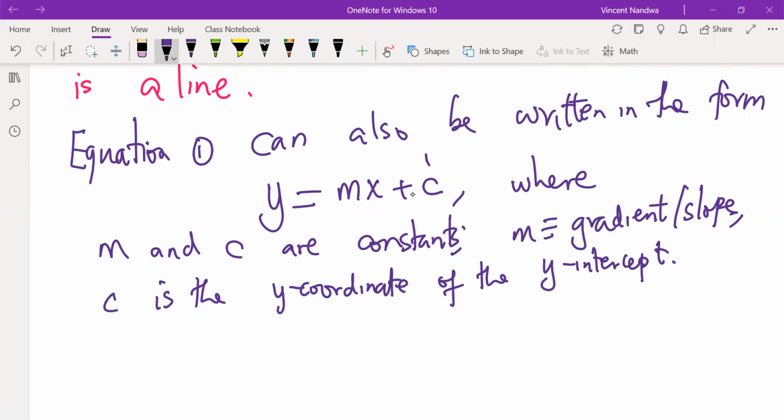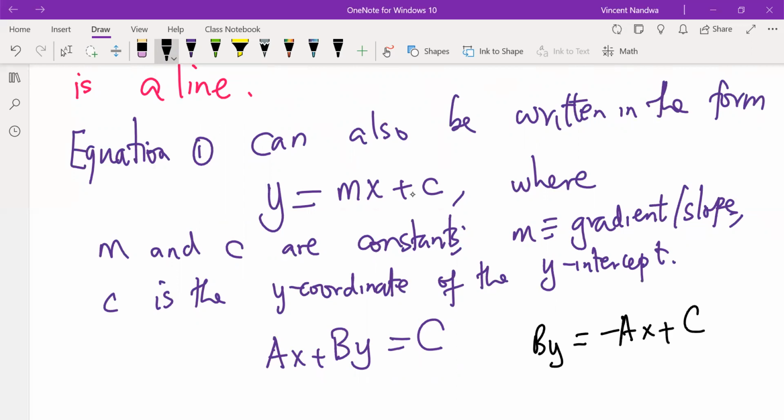Now, we have Ax + By = C. For this to be in this form, we have By = -Ax + C, which means y = -(A/B)x + C/B.